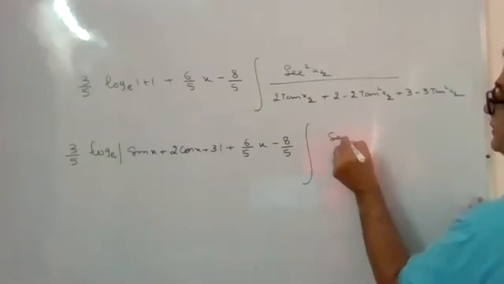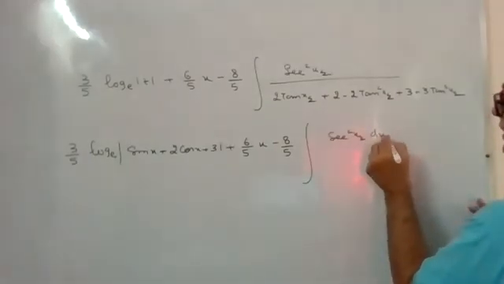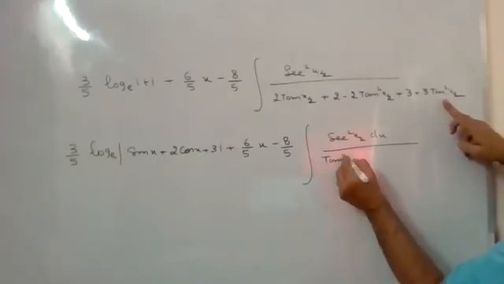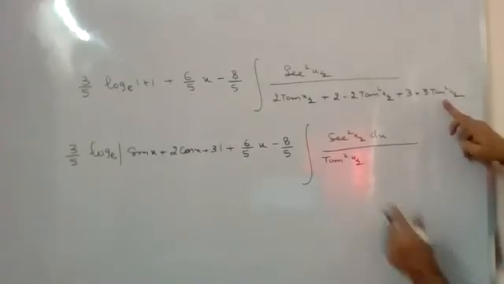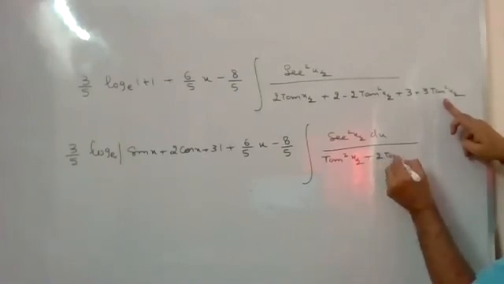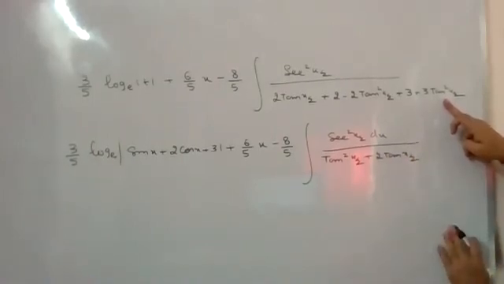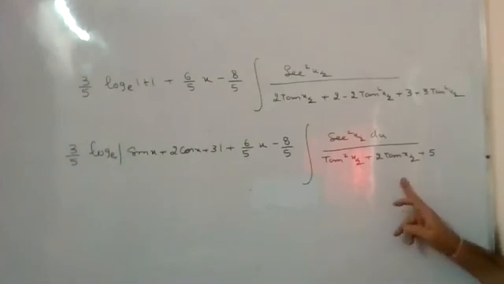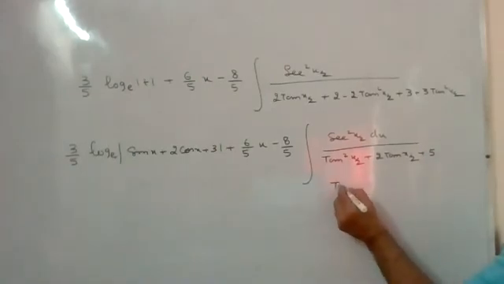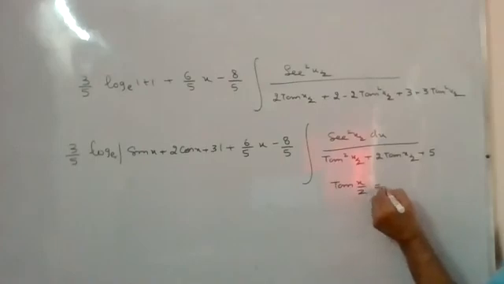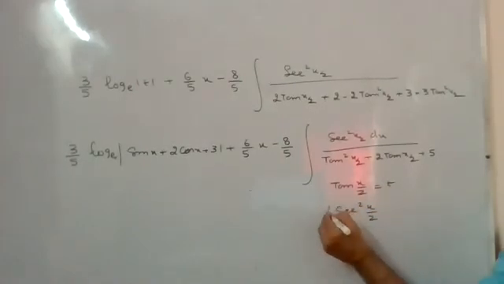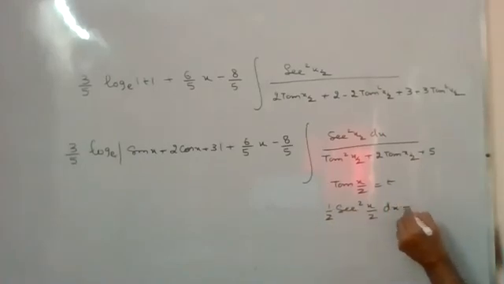This will come out to be sec square x by 2 dx by, यहाँ क्या आएगा, tan square x by 2, then plus 2 tan x by 2 and then plus 5. Tan x by 2 as t here. I get it, sec square x by 2 times half dx comes out to be dt.